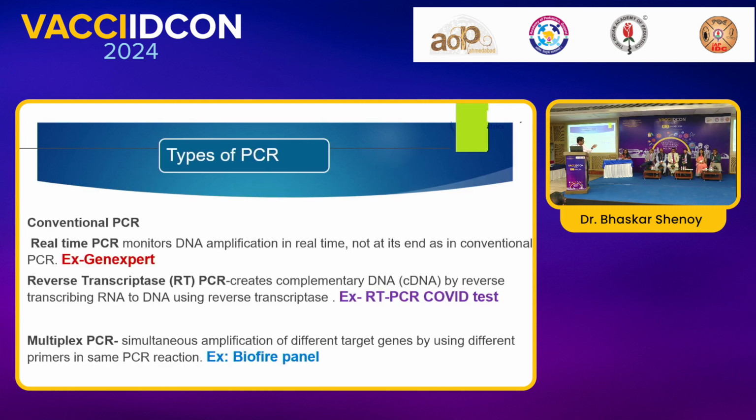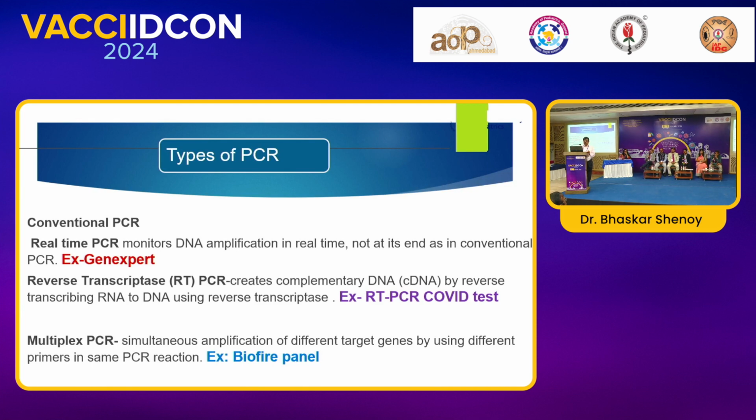Sir, can you tell what are the various types of PCR available, just for the audience's interest? There is conventional PCR, and there is real-time PCR, which monitors DNA amplification in real time and gives you faster results, like Gene Xpert which we send for TB.